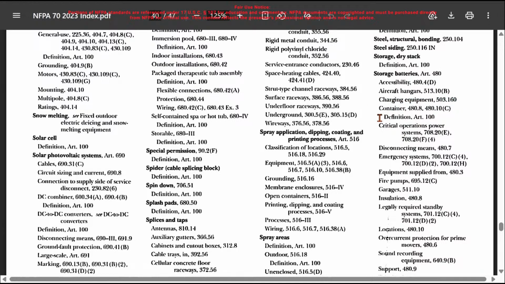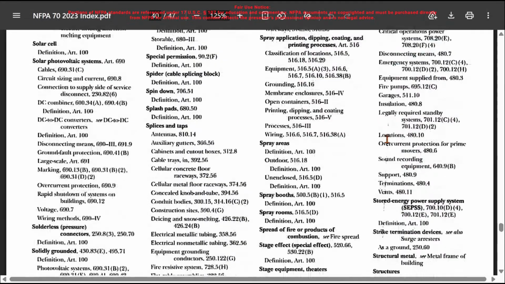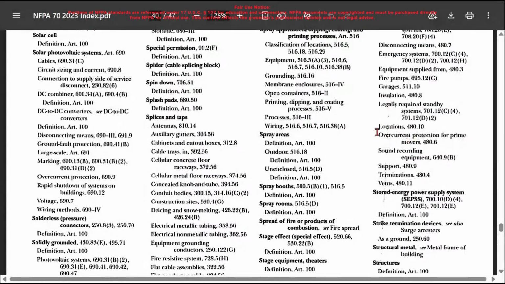You see definition again, okay, Article 100, which is going to talk about various types of batteries, because storage batteries can be various types. We happen to be talking about lithium ion, but I don't see anything in here specific, anything germane to lithium ion. So that should be a trigger for you, but let's keep looking. All right, looking down, location, vents, termination, support, none of this, okay?